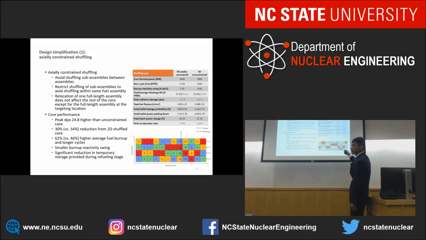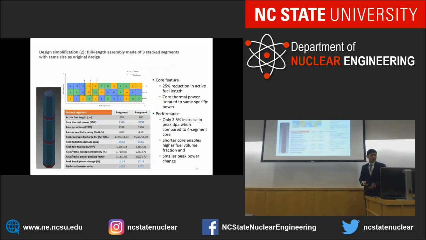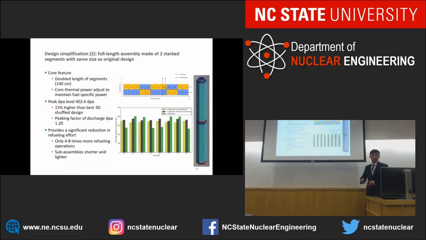You see only 25 dpa increase, which is not a whole lot, but it saves you a lot of time and space in terms of the shuffling. And I can even reduce to 3 segments, and I see less than 10. So you reduce 25% of your fuel assemblies, but you lose only like 10 dpa in terms of radiation damage. And even with 2, it's not really performing well, but we also tried that.